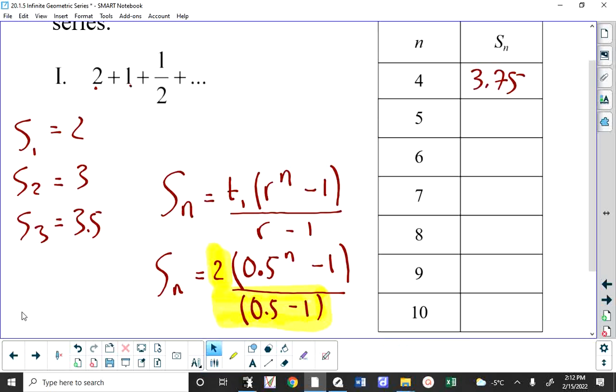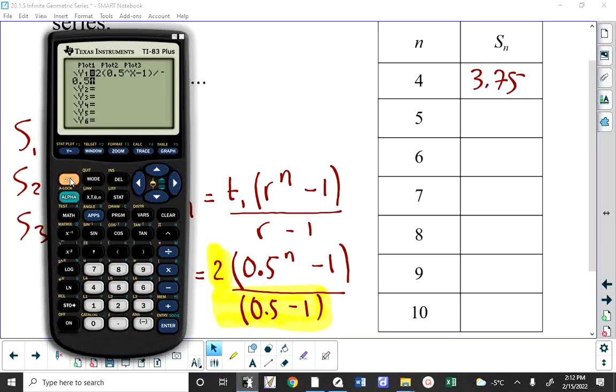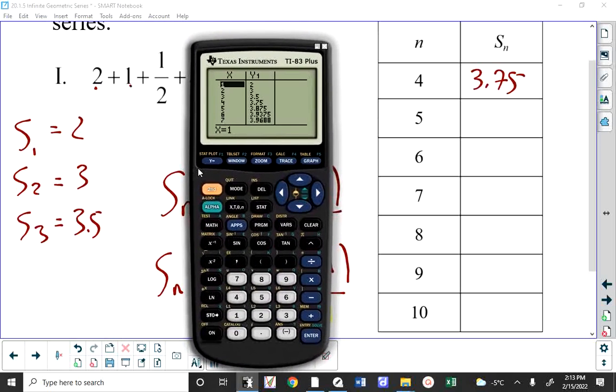So if I go to my table now, let's set up the table to start at 1 and go up by 1 automatically. Look at what it tells me S1 is. It's 2. S2 is 3. S3 is 3.5. Then it's 3.75, which is what we got. And then the other numbers we can just read off of that.